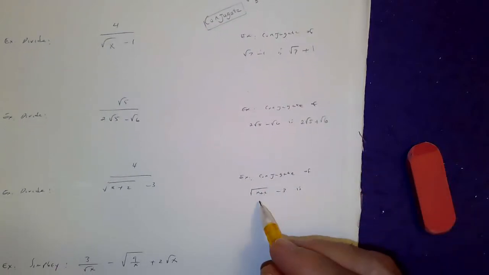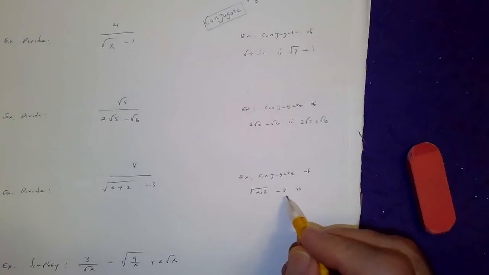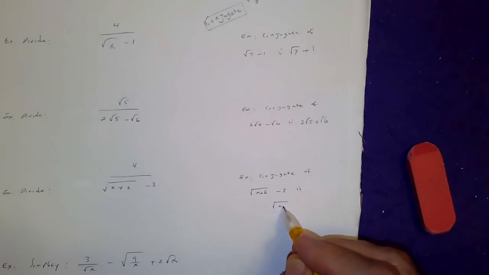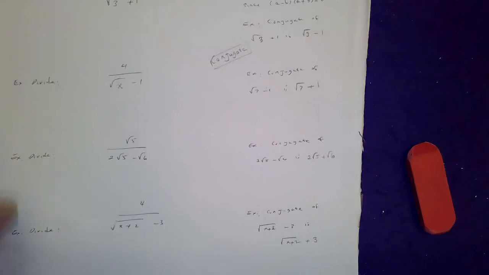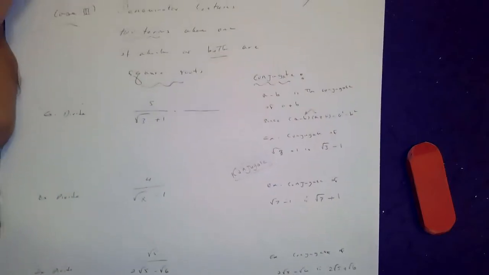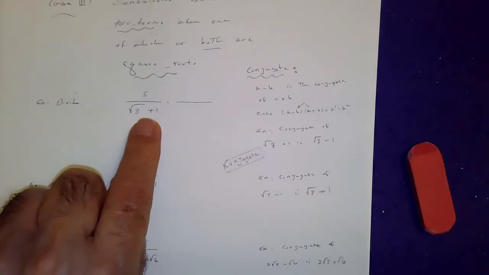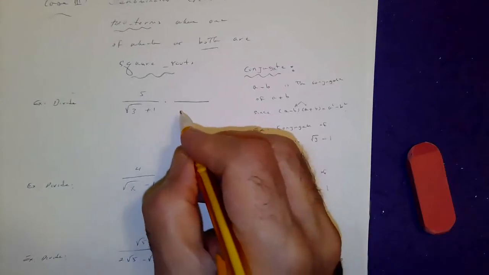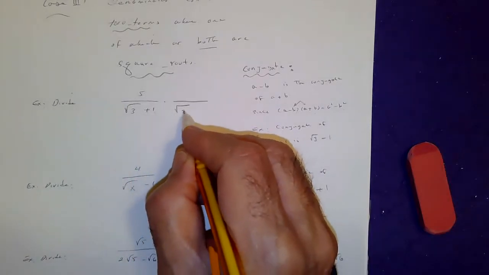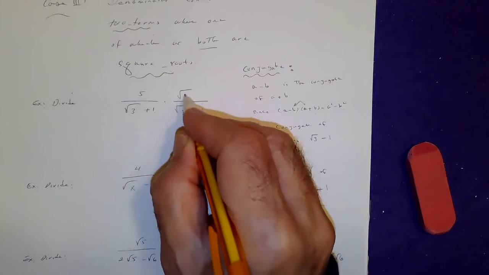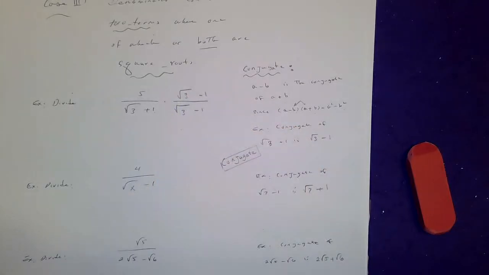The conjugate of the square root of x plus 2 minus 3 is the square root of x plus 2 plus 3. So when you have case 3, you multiply top and bottom by the conjugate of the denominator. In this case, the conjugate of the square root of 3 plus 1 is the square root of 3 minus 1. That's what you multiply top and bottom by.